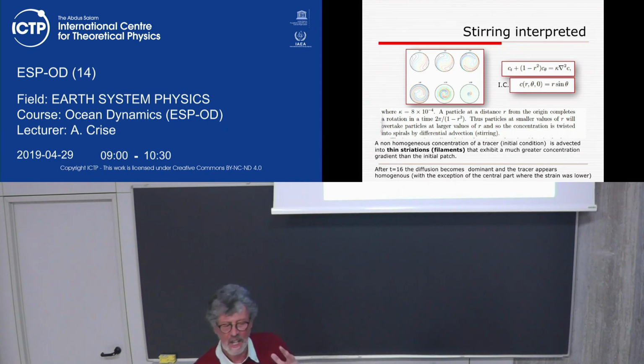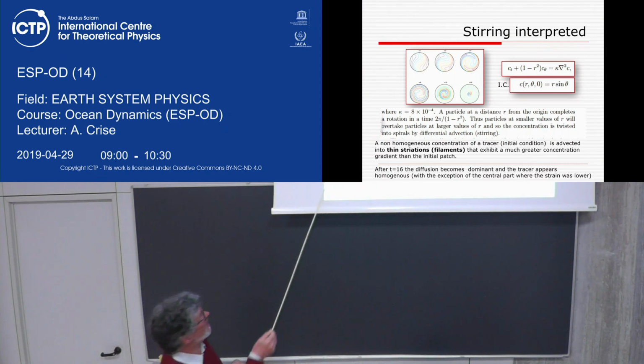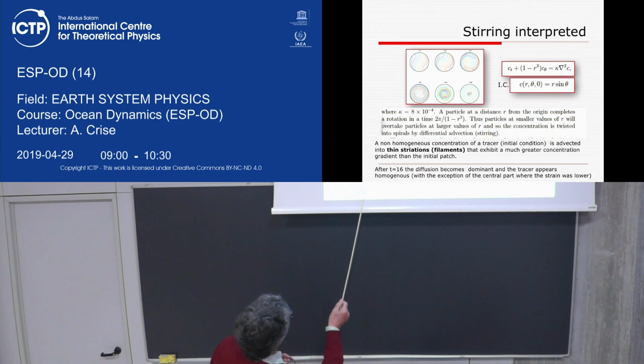So the transition is not homogeneous. You can have an initial condition which is linearly stratified, say linearly organized here.